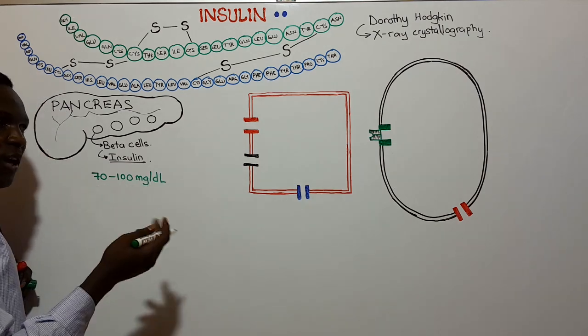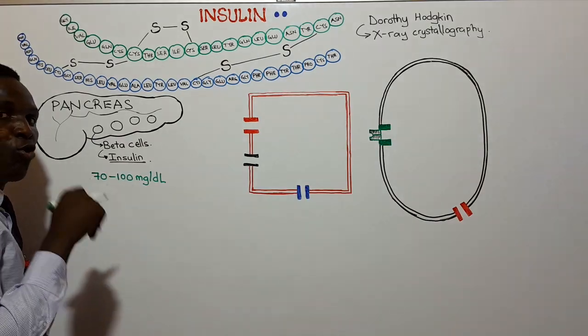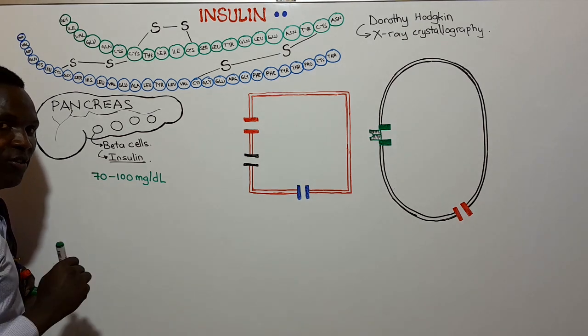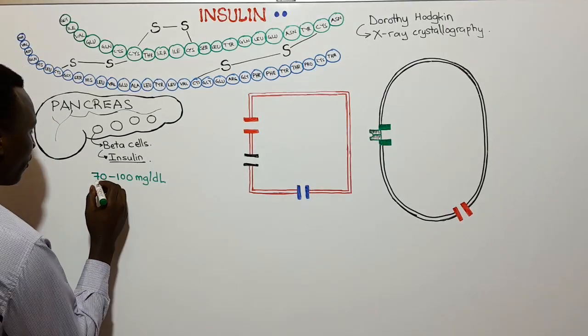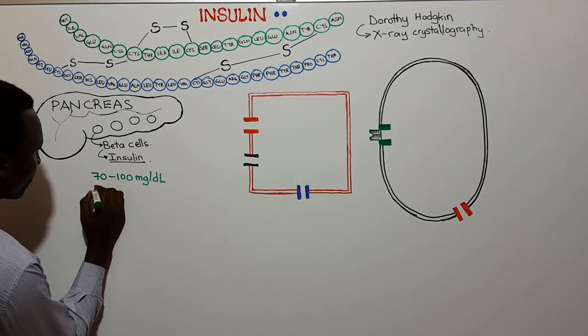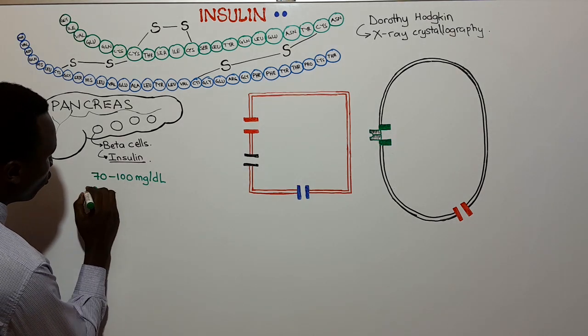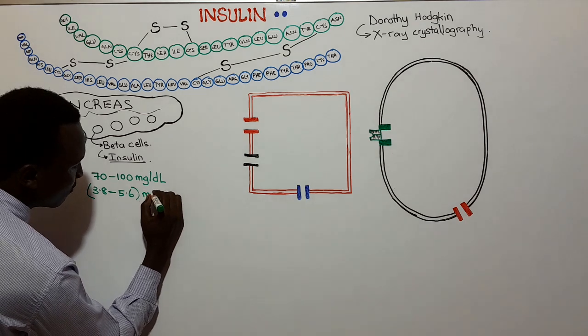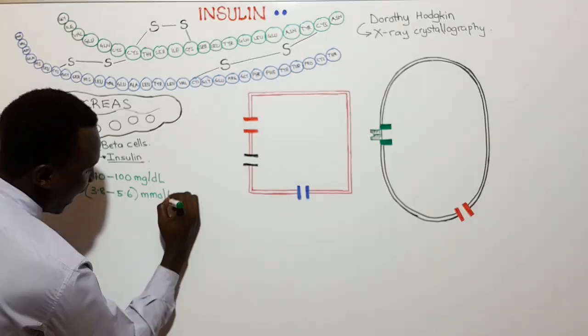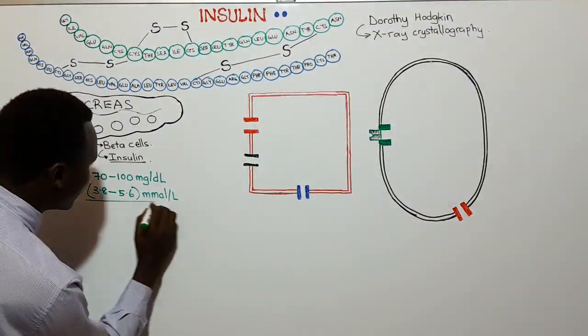But what we have in the hospital is normally the glucometer. What does the glucometer measure? It measures the blood glucose levels, the fasting blood glucose levels, but in millimoles per liter. This is the same as 3.8 to 5.6 millimoles per liter. We shall look at it more when we are discussing diabetes. So this is the norm.